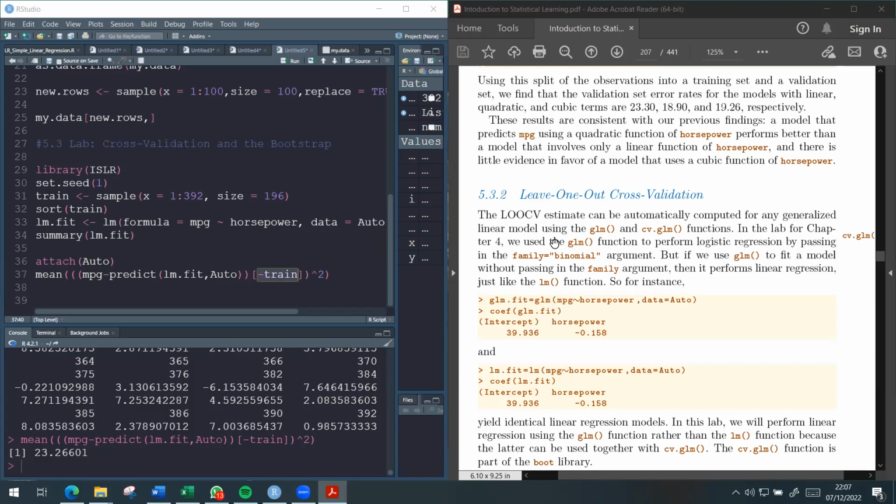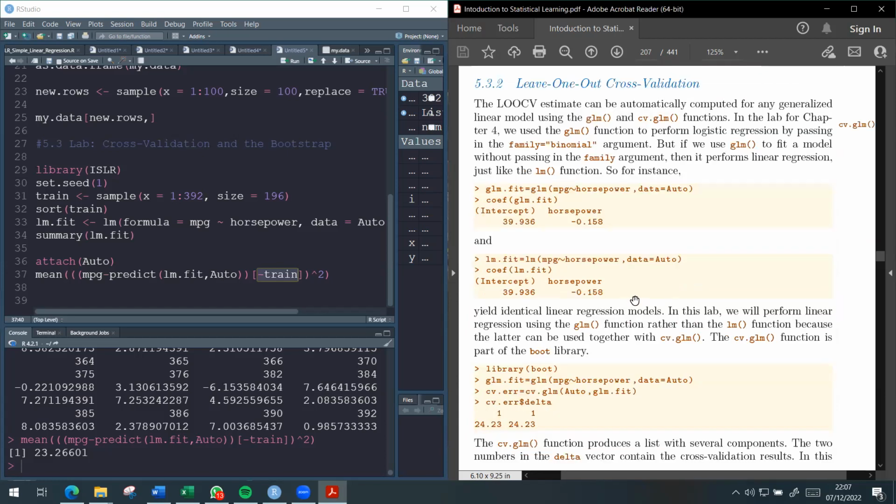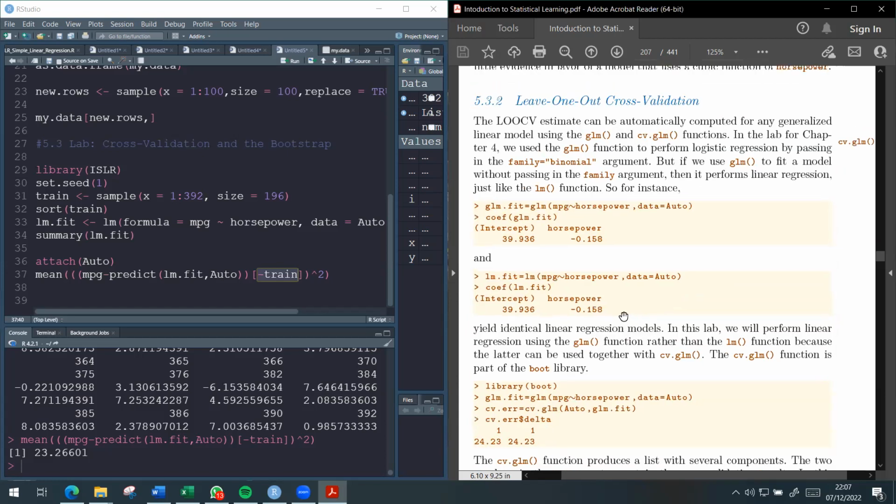So for instance, GLM MPG on horsepower, given the auto dataset, will give us this intercept parameter and this slope parameter. And if you do the same thing, but with LM instead of GLM, you get the same parameters. So these yield identical linear regression models.